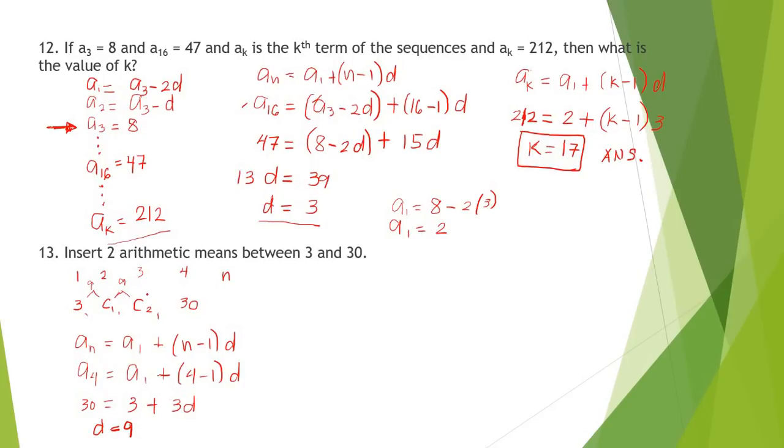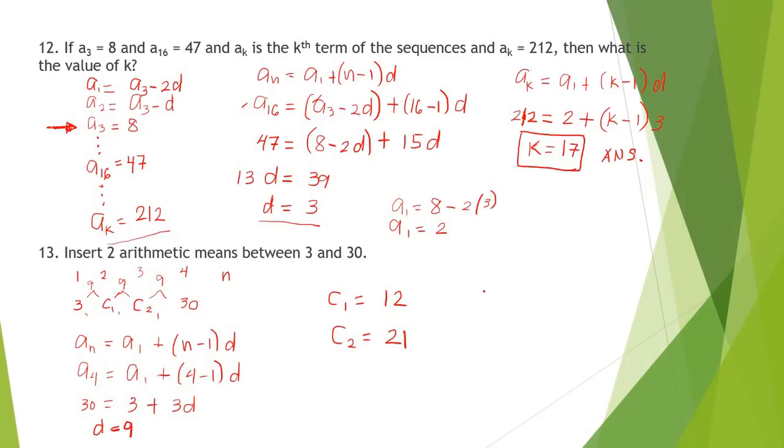Okay. So our C1 is equal to 3 plus 9, which is 12. Our C2 is equal to 12 plus 9, which is 21.